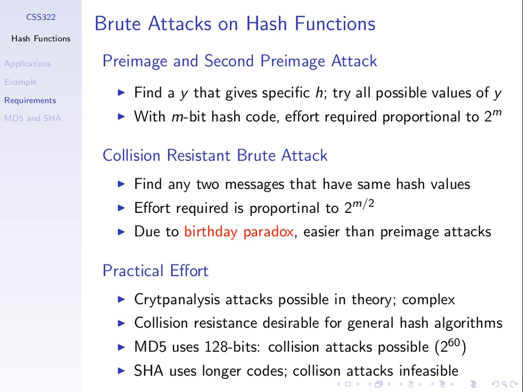You have to apply that many operations. But to break it from the perspective of the strong collision resistance property is proportional to 2 to the power of 64. Much easier from the attacker's perspective.